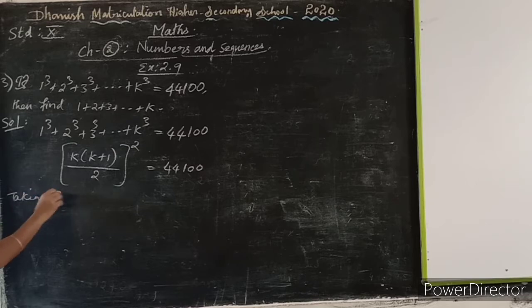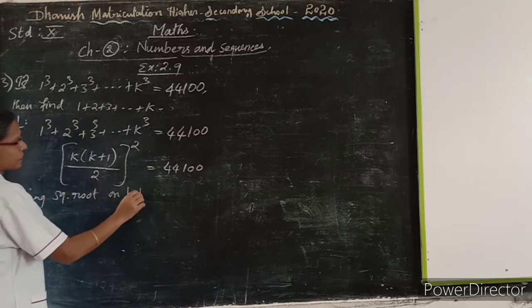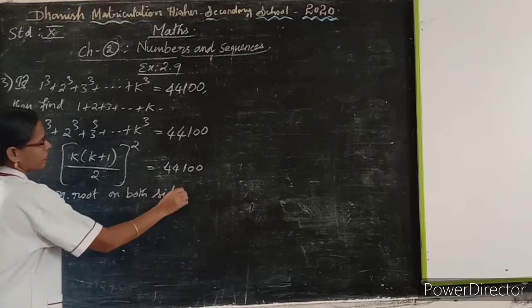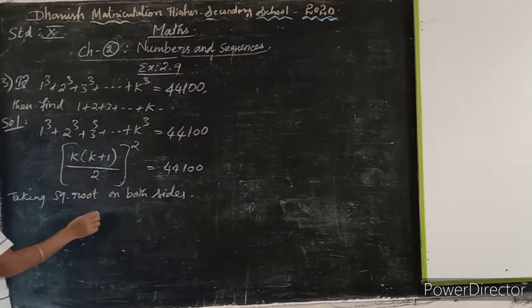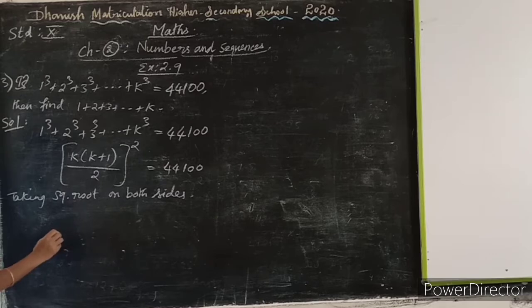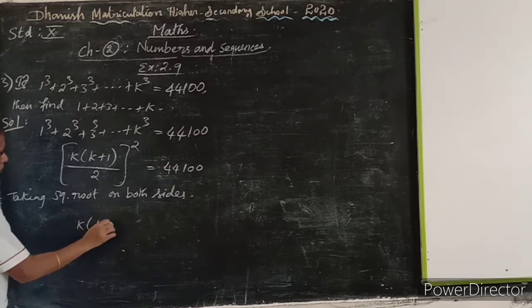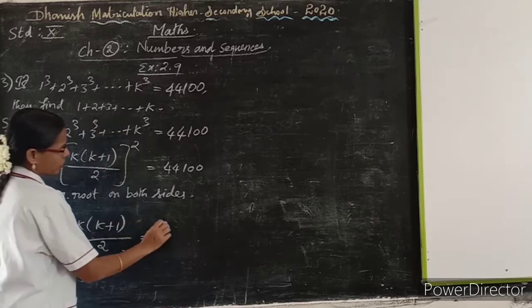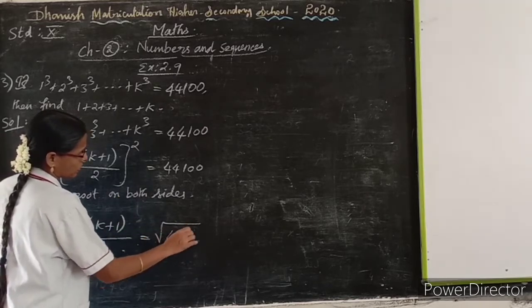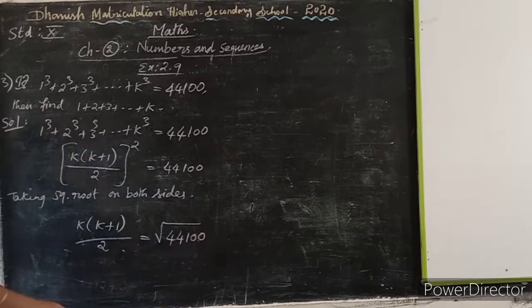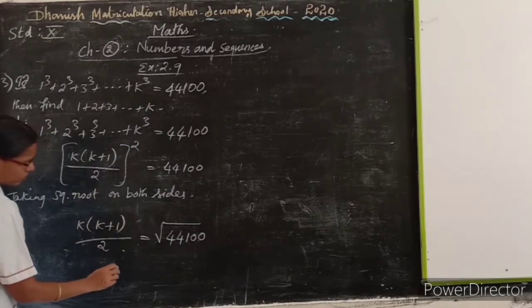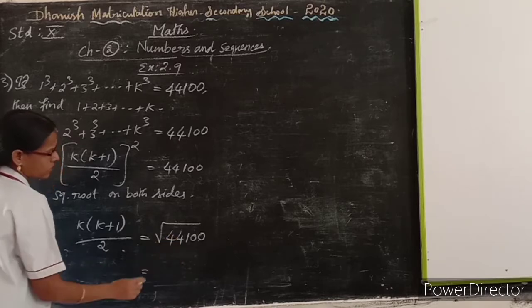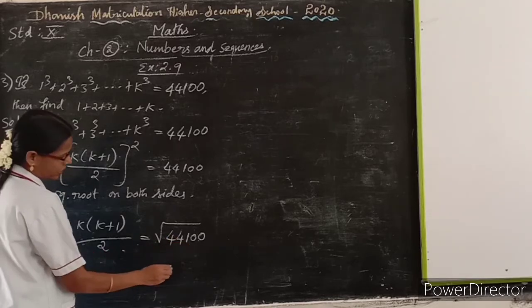Taking square root on both sides, k into (k plus 1) by 2 is equal to square root of 44,100. This square will cancel by taking the square root. What is the square root of 44,100?